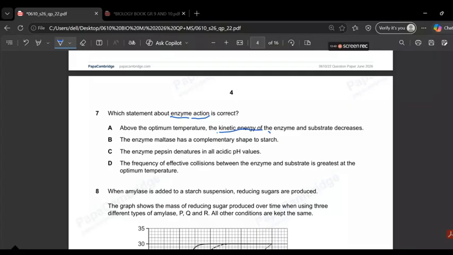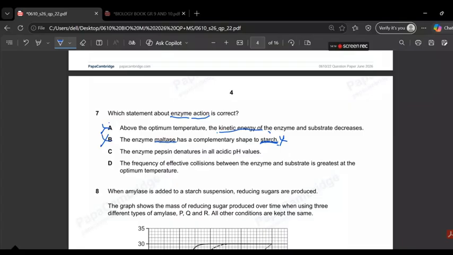B: The enzyme maltase has a complementary shape to starch. I don't think so. Maltase will not have a complementary shape with starch. It will be with maltose because it is so specific to maltose. So B also we are excluding. A excluded.